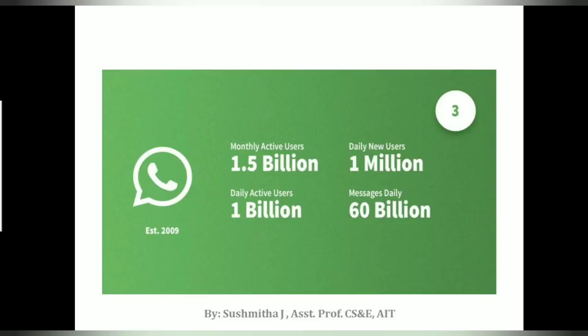And then at the third position is WhatsApp, where we have 1.5 billion monthly users and 1 billion daily active users, and there are around 60 billion messages every day.